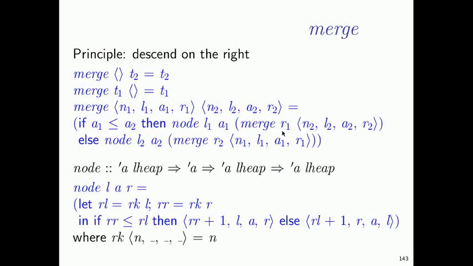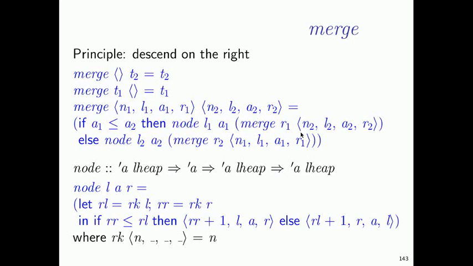So whenever you descend to the right, you recurse, so the rank of R1 gets smaller, or the rank of R2 gets smaller than the sum of the ranks. So we take the sum of the ranks of these trees. Here, the sum will decrease by 1 because R2 has a smaller rank than this whole tree, and in this case, it will also decrease by 1 because R1 has a 1 smaller rank than this whole tree.